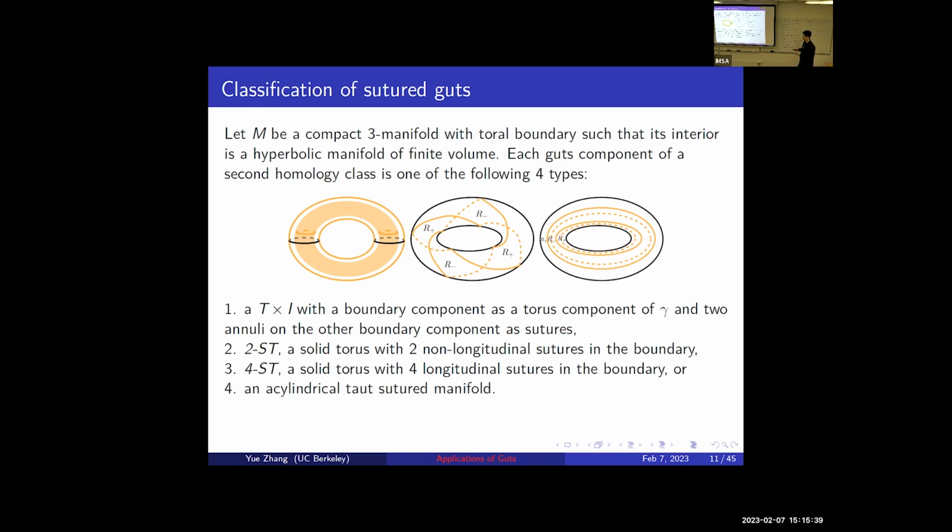And the rest is the most complicated case, which is an acylindrical sutured manifold, and it's also hyperbolic. And we say that an element Z in the second homology group is libroid if the guts of Z only consist of solid tori and T times I, which only consists of the first 3 types.